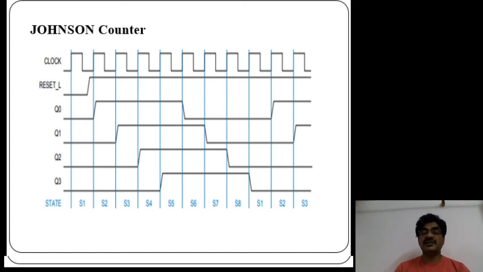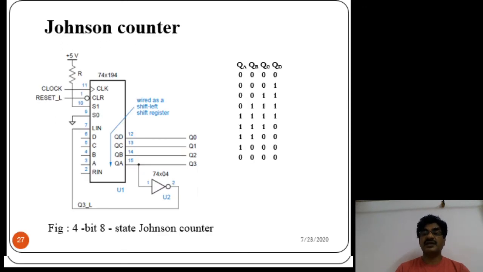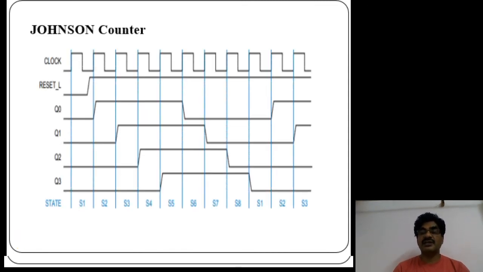In the left shifting, the QD position or LSB position is occupied by the LN bit, so the pattern appears like this. Whatever truth table we showed previously, the same table is plotted in the form of timing waveforms like this. This is the Johnson counter timing waveform. First of all, Q0 becomes 1.